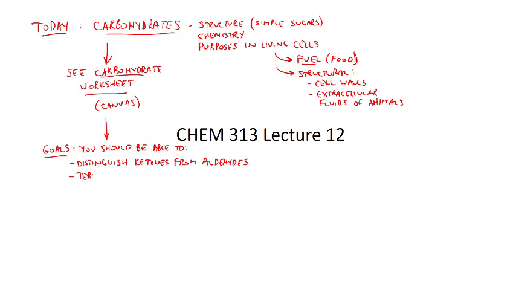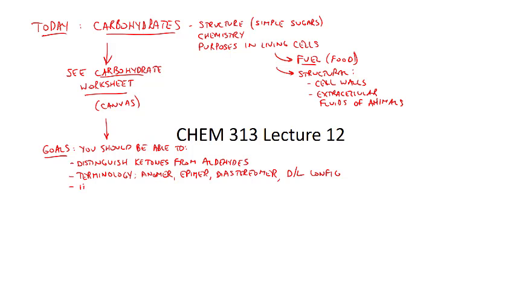Know some terminology. In carbohydrate chemistry, almost all boils down to terminology. So you should know the meanings of the terms anomer, epimer, diastereomer, D and L configurations, and so forth.